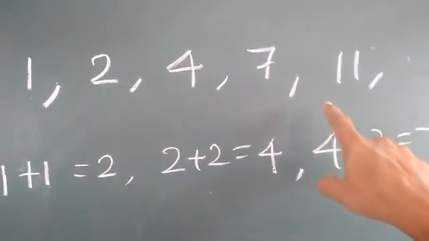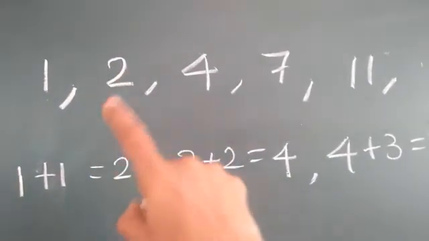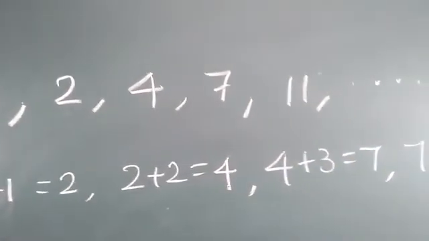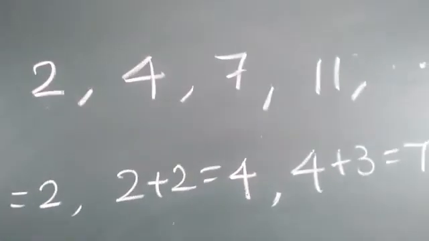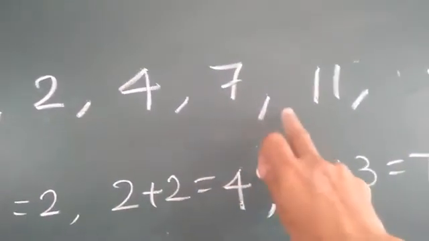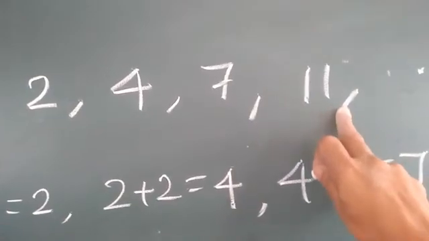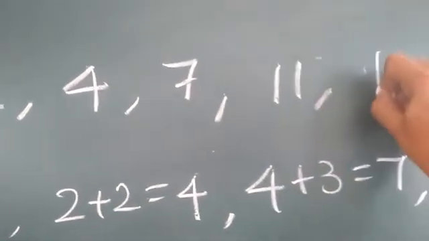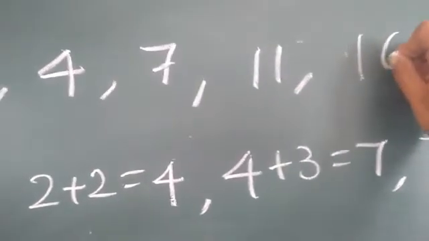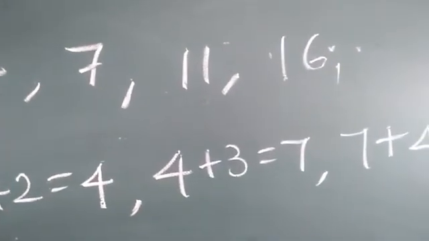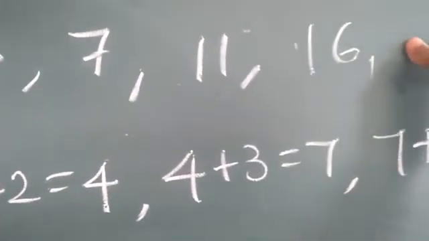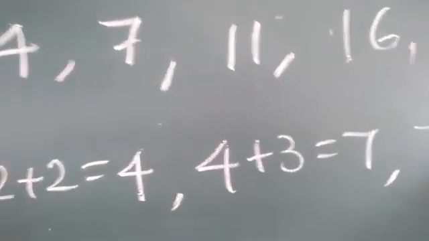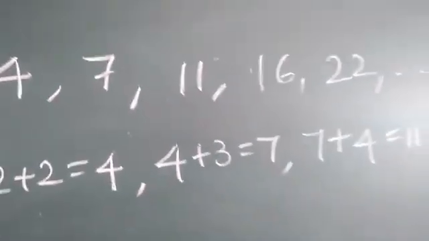Then adding 4, that means 1, 2, 3, 4. Next, what will be the next number in this pattern? 7 plus 4, 11. Next we have to add 5. 11 plus 5, we will get 16. Next, 16 plus, which one do we have to add? 6, 22. Like this the pattern will move.